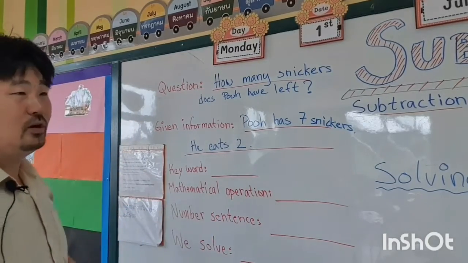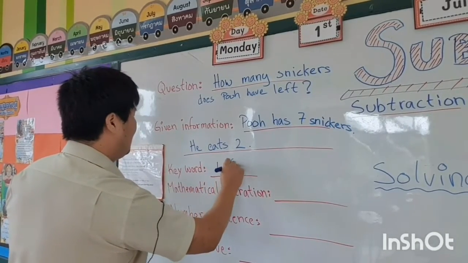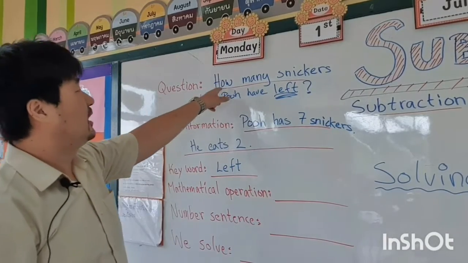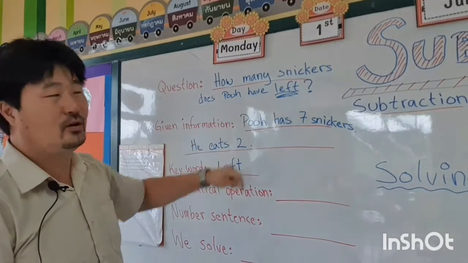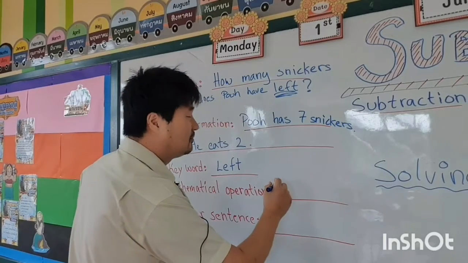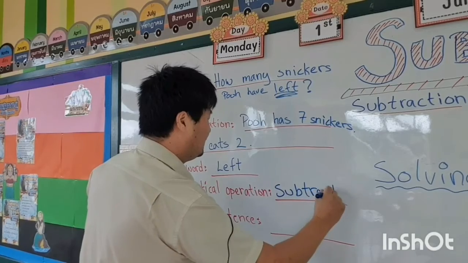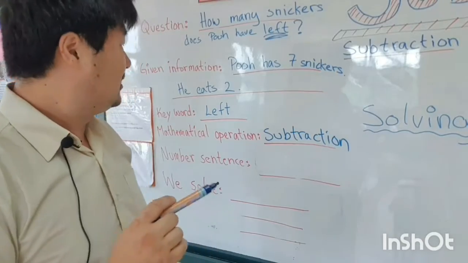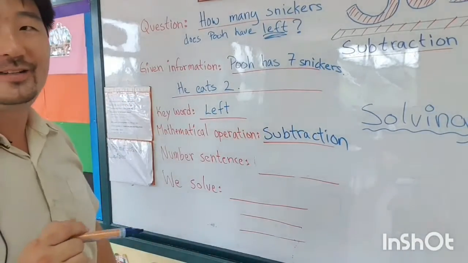And then what's the key word? Left. Right. Because that's the key word in the question. How many Snickers does Pooh have left? Left keyword. Okay, and then mathematical operation. It's, yes, subtraction. Of course. Okay, and as I just said, the mathematical operation is subtraction.